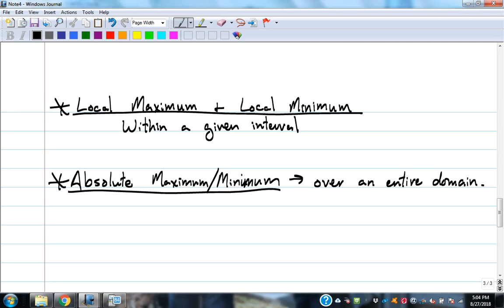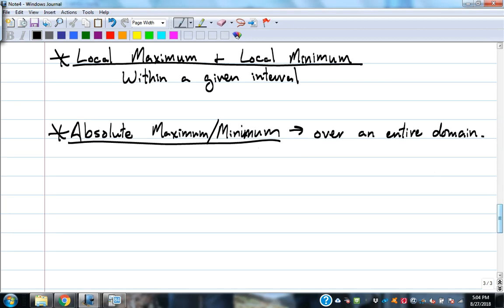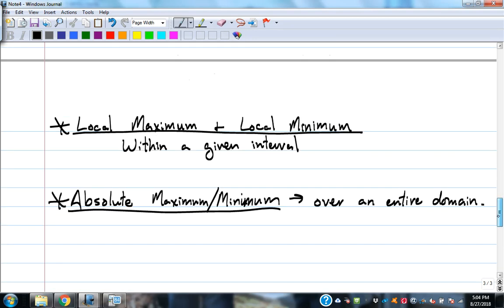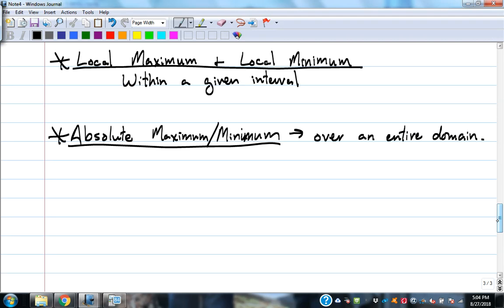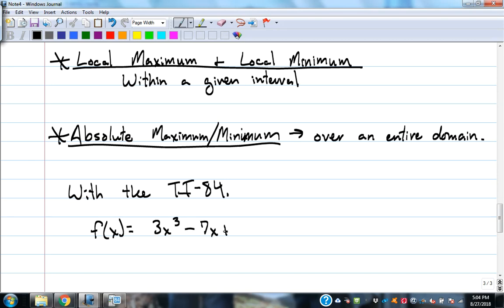I'm going to show you how to find some locals with a graphing calculator. I'll show you that fairly quickly, getting close to being done today. Just a few more things with the TI-84. Let's say we had this function, f of x is 3x to the third minus 7x plus 1.